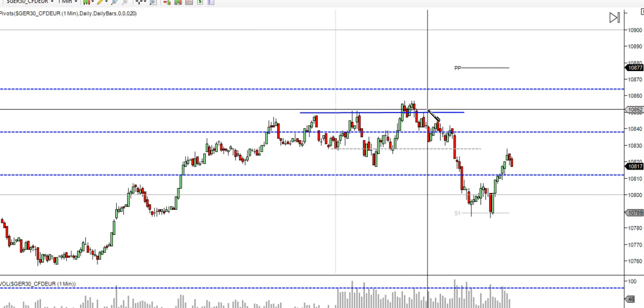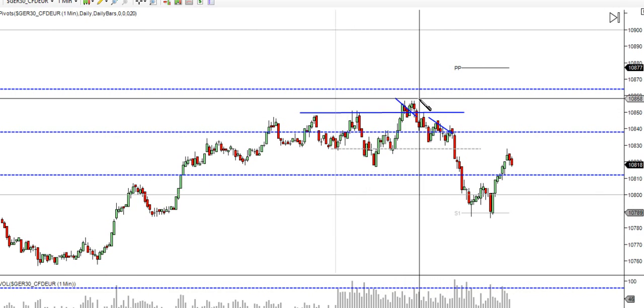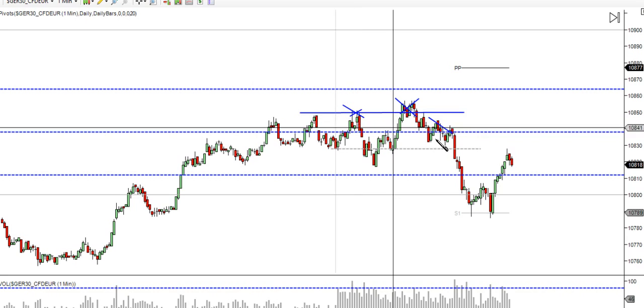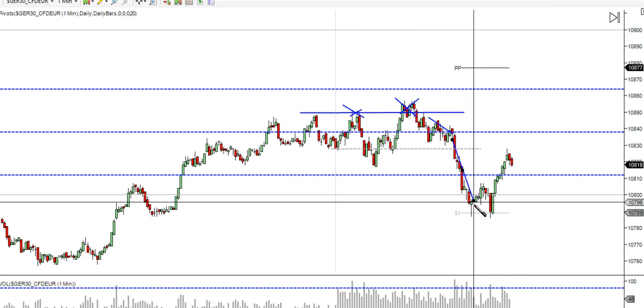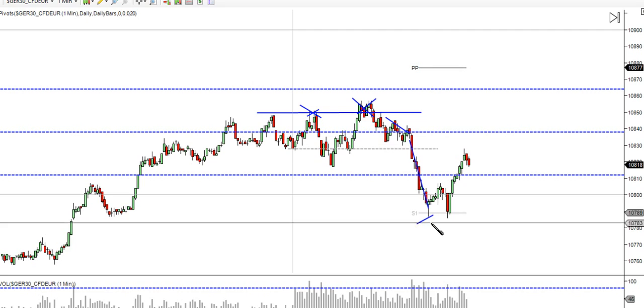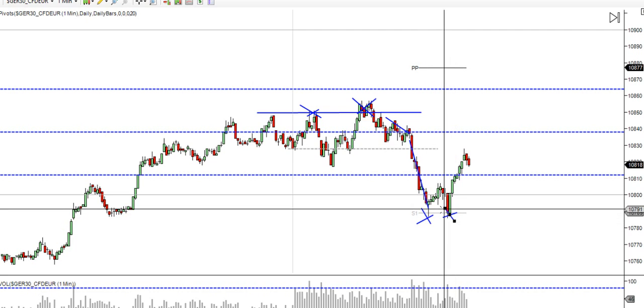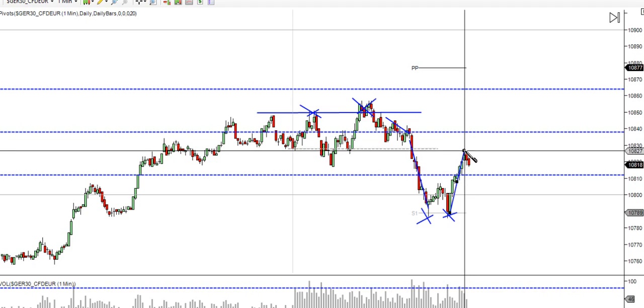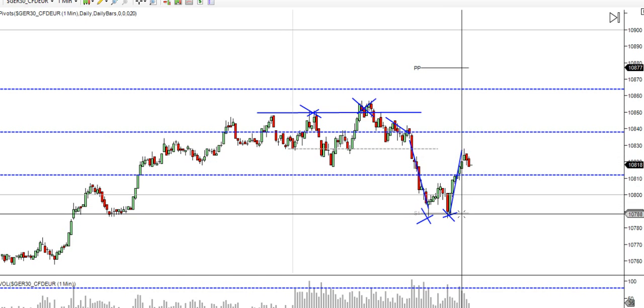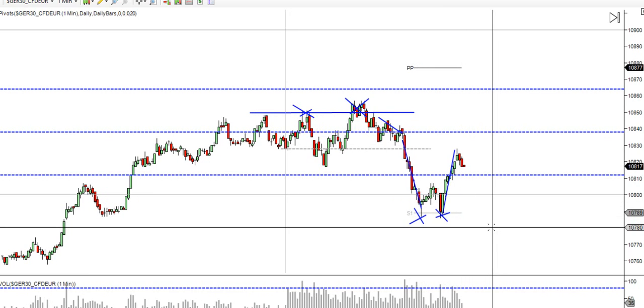Okay, so price sold off here at the failure of 50s, then accelerated to the downside and initially held support here at support 1 pivot point, then retested it and then spiked up about 50 points.